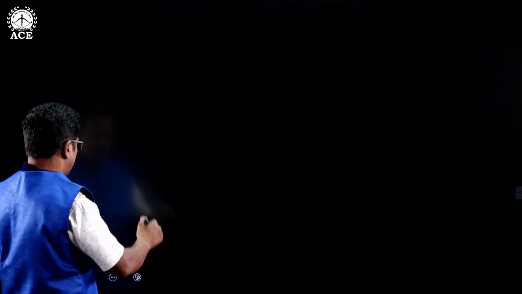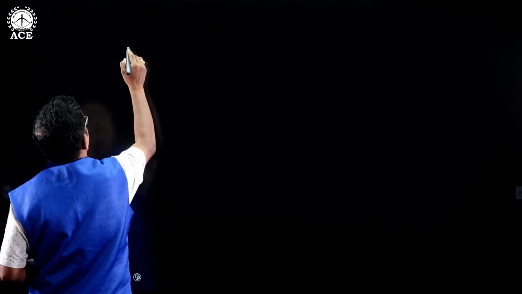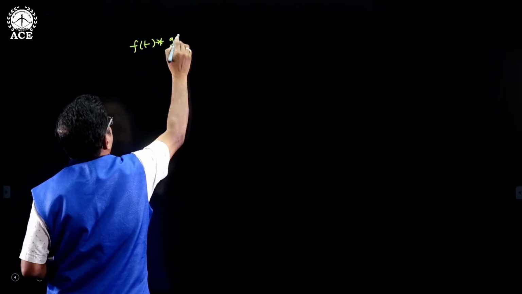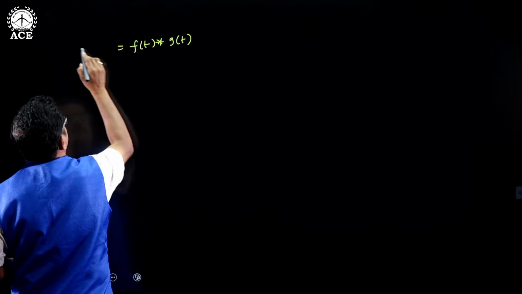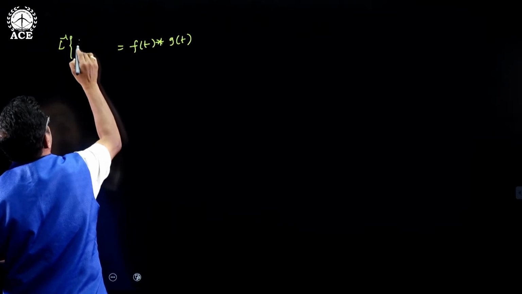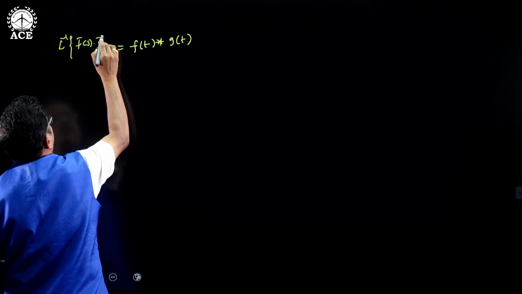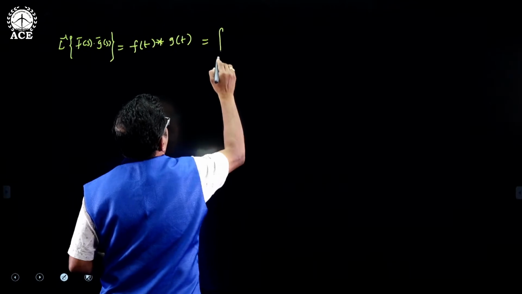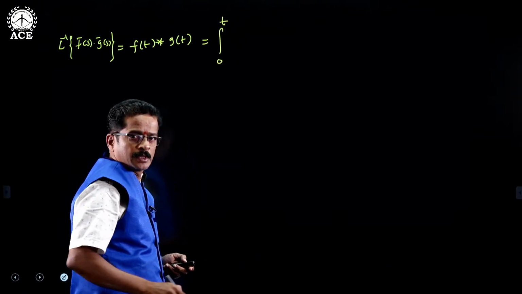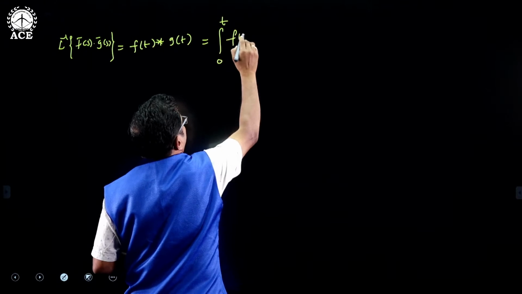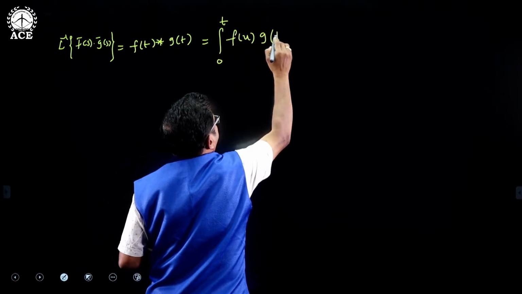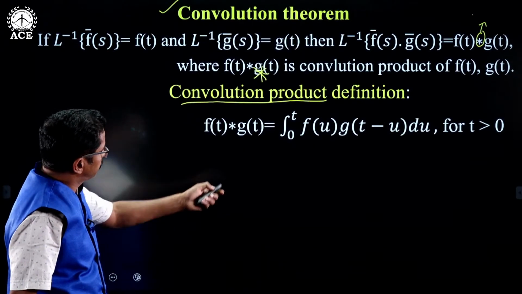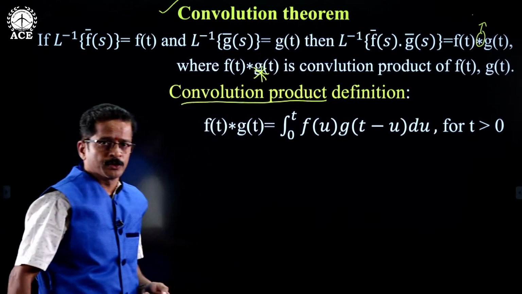Now, this is equal to f of t star g of t, where f of t star g of t came from L inverse of f bar of s dot g bar of s. By the definition, this is the integration from 0 to t of f of u g of t minus u du.